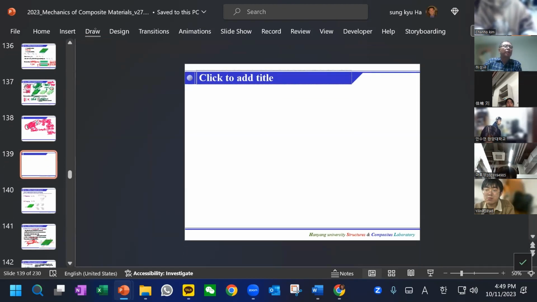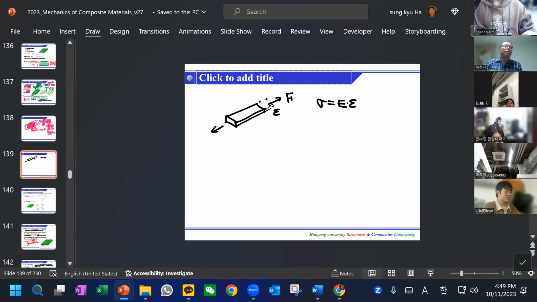Okay, let's say we have a simple bar, and then we apply the force, and we certainly would like to know how much strain it has. We will have a strain, let's just call it epsilon. Now, what we know is that for this material, the stress equals E epsilon. This is a material property.